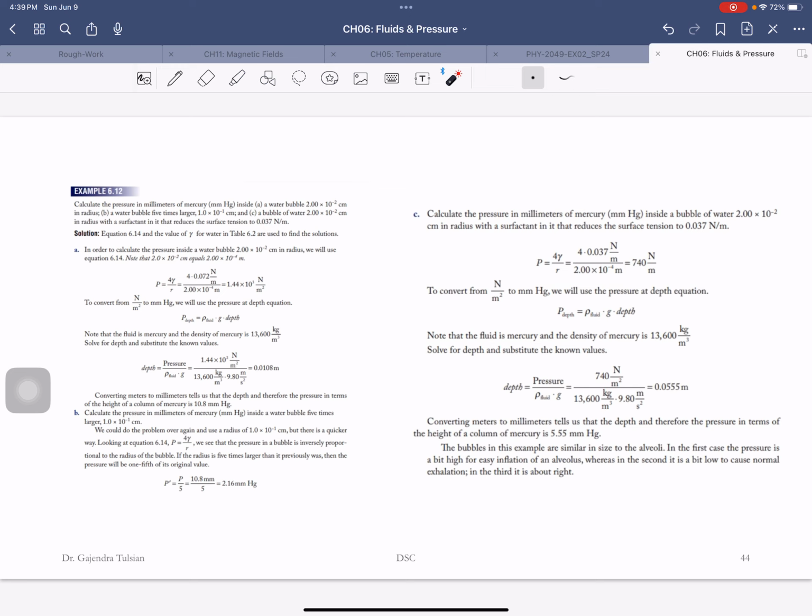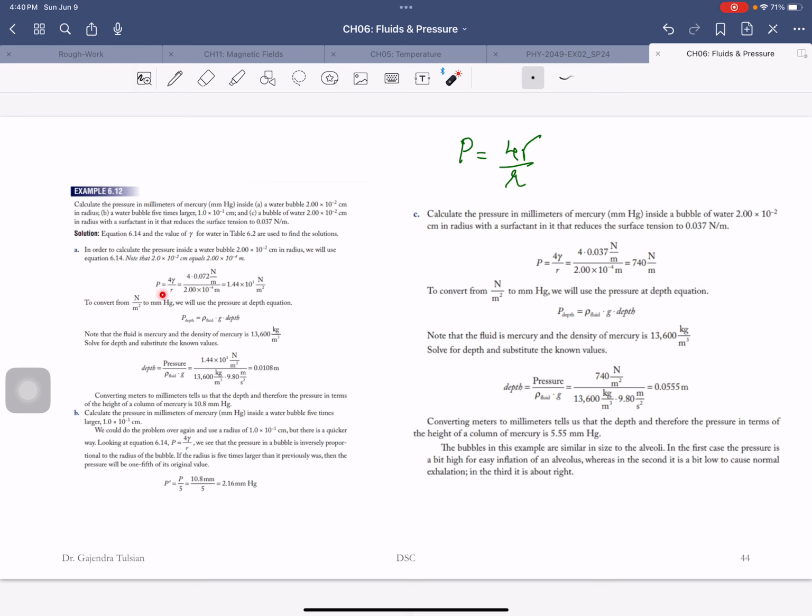Okay, so again, the pressure is 4 gamma divided by R. Let me write this R differently. Okay, so in this problem, we're going to consider different radii and then reduce the surface tension, and calculate the excess pressure inside the bubble.